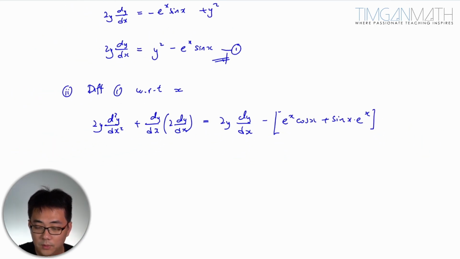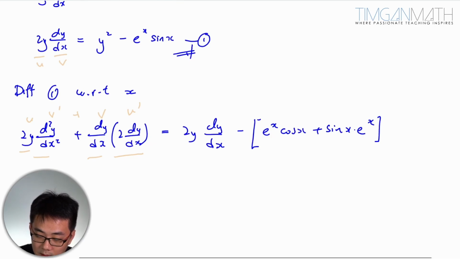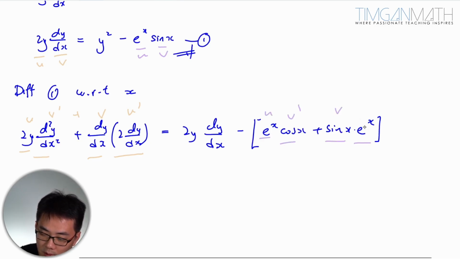Alright, so I think this is pretty okay. Use uv' plus vu', then for the one on the right, u and v, uv' plus vu'.